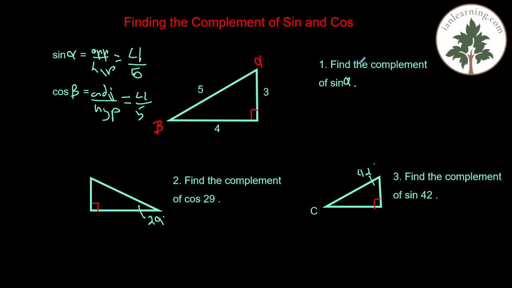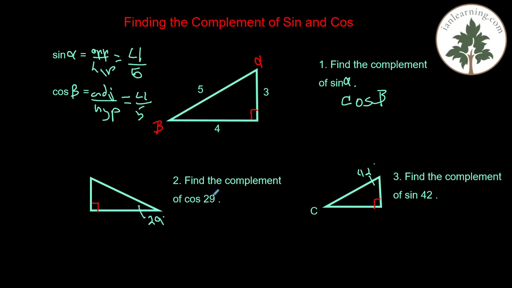So if I want to find the complement of sine of angle alpha, that would be cosine of beta, okay? We don't know in this case how many degrees alpha is or how many degrees beta is. We just know it will always be true that the sine of alpha equals the cosine of beta.